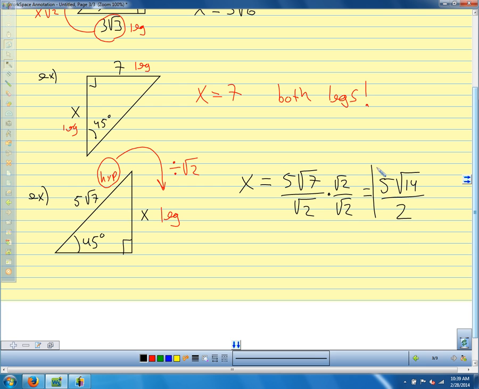That would be my answer in simple radical form. 5 square root 14 divided by 2. If I needed an approximate answer, I could plug all this into my calculator and calculate. So we don't always get a square root of 2 in our answer.